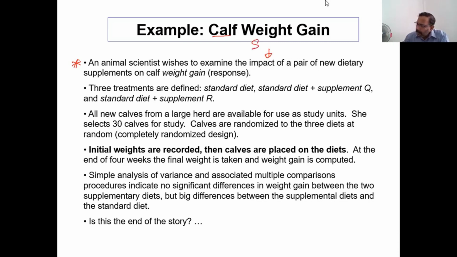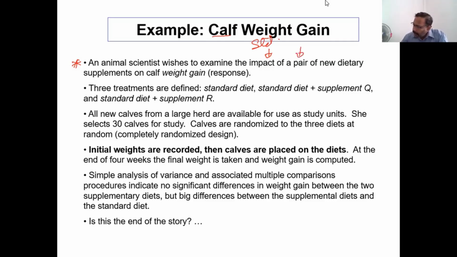It is called the standard diet. At the moment, they are giving a standard diet. Now, in the future, they are planning to introduce 2 new diets, because we want to evaluate whether these 2 new diets are better than the standard diet.